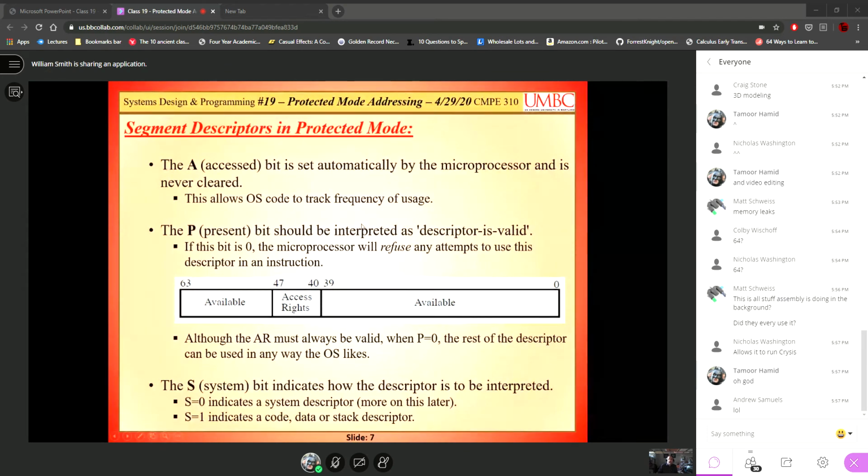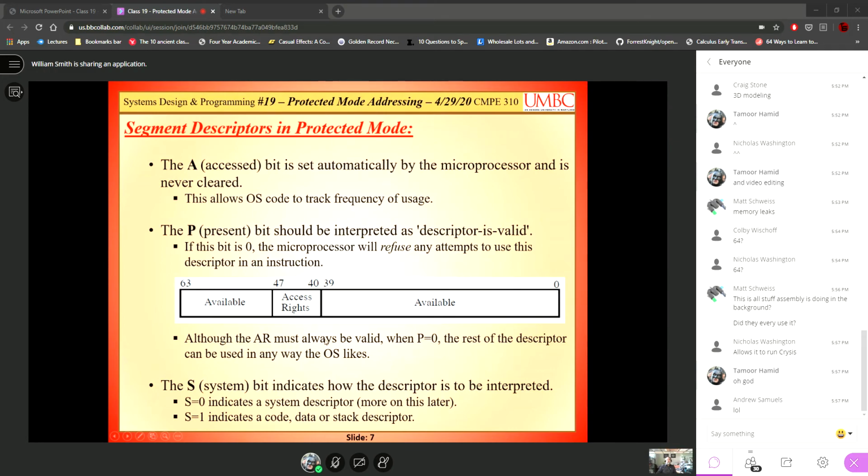P means it's present. If it's a 0, it's not present. The microprocessor will refuse an attempt to use it because it's not present in memory until your DMA, your direct memory access chip, goes out, pulls that segment into memory, and sets this bit to a 1. Meanwhile, the microprocessor is not going to access it.